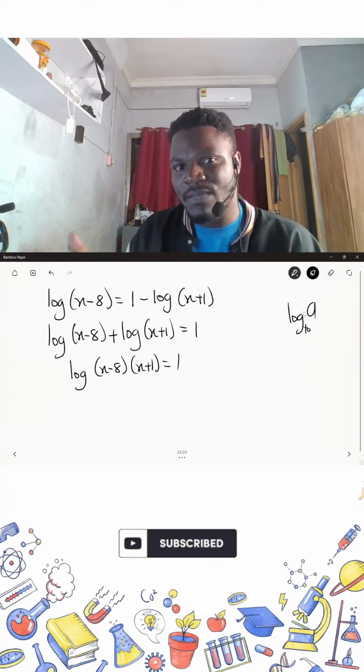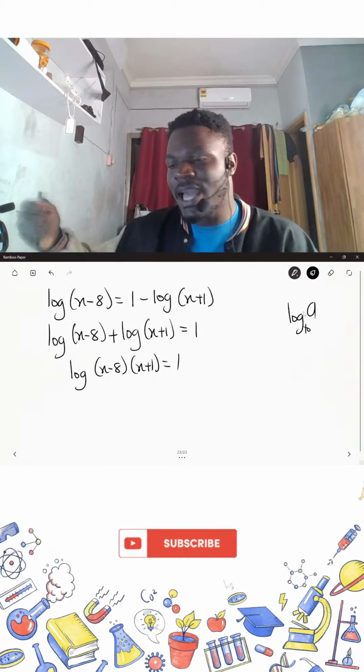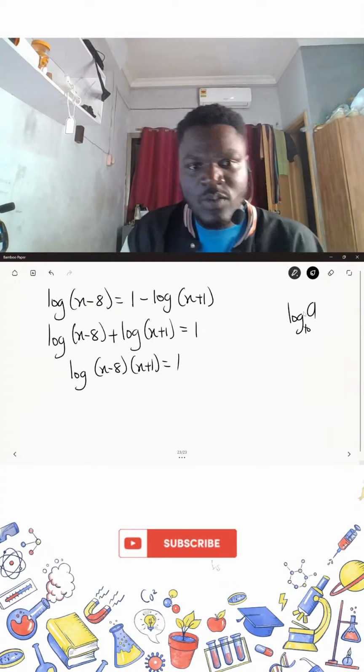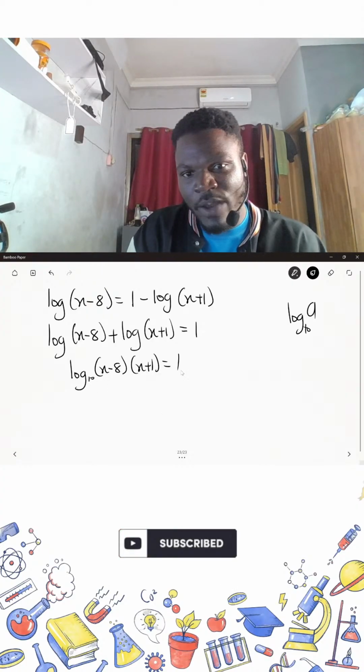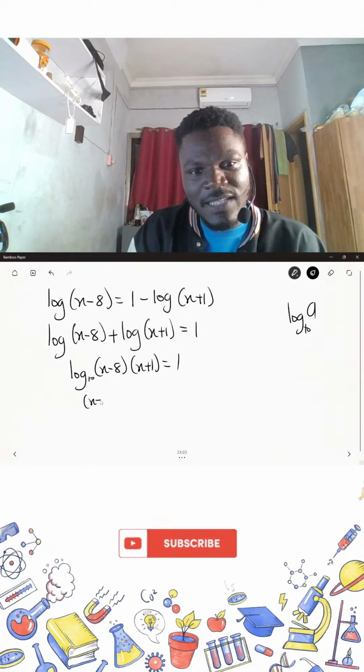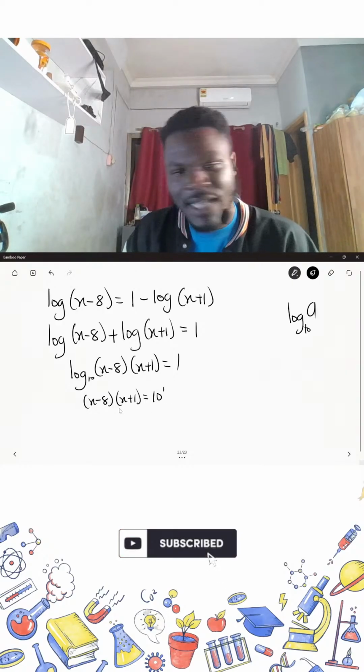Log is always in base 10 unless given otherwise. So the 10 will now go and raise the 1 as a power. So we'll have x minus 8 times x plus 1 equal to 10 raised to the power 1, which is still 10.